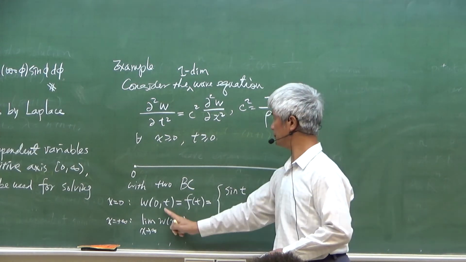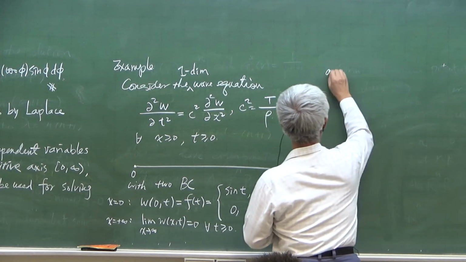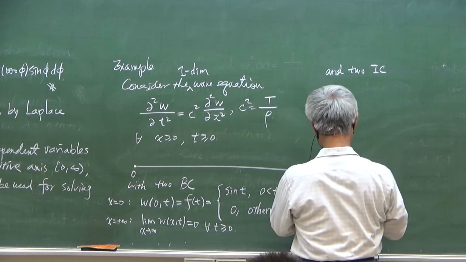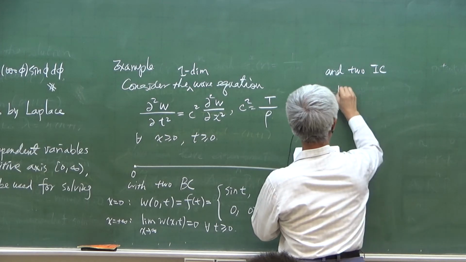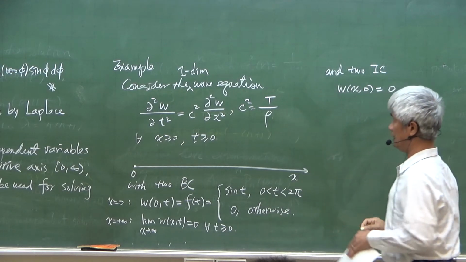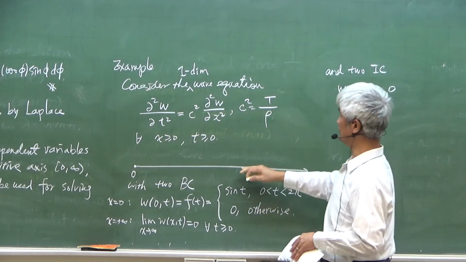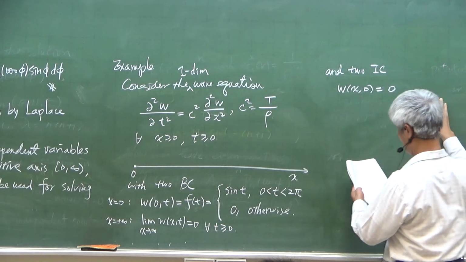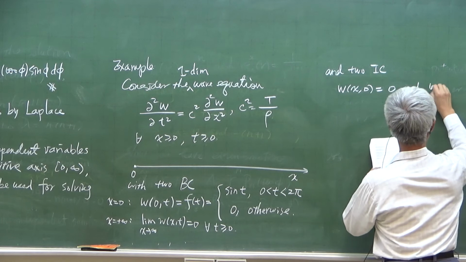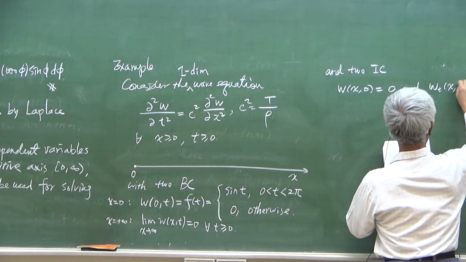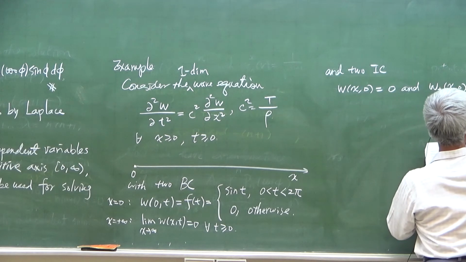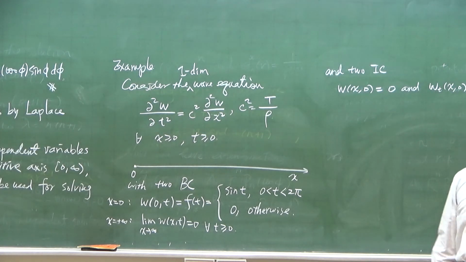So we have two boundary conditions and two initial conditions. The initial condition is that initially the string is at rest, so this is 0, and the initial velocity is also 0.